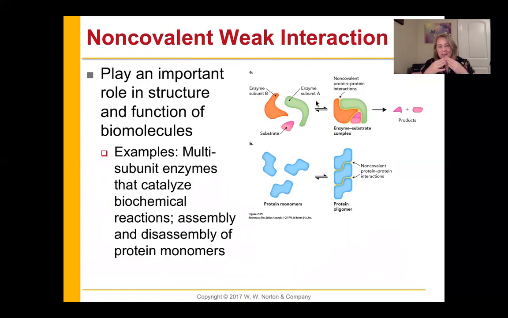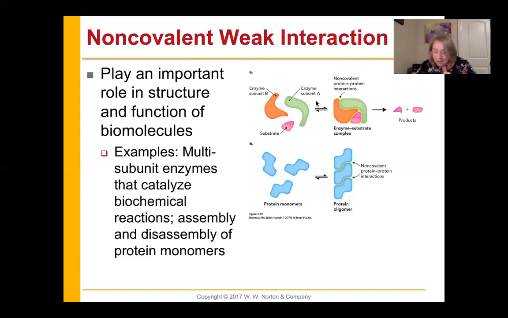So if you have good non-covalent weak interactions, those little subunits can get together easily and break apart easily. And that's kind of what you want, because you want to be able to regulate the activity of the enzymes. And so if you can regulate that attraction based on environmental changes or exterior covalent modifications, then you can regulate the processes that these enzymes function in.